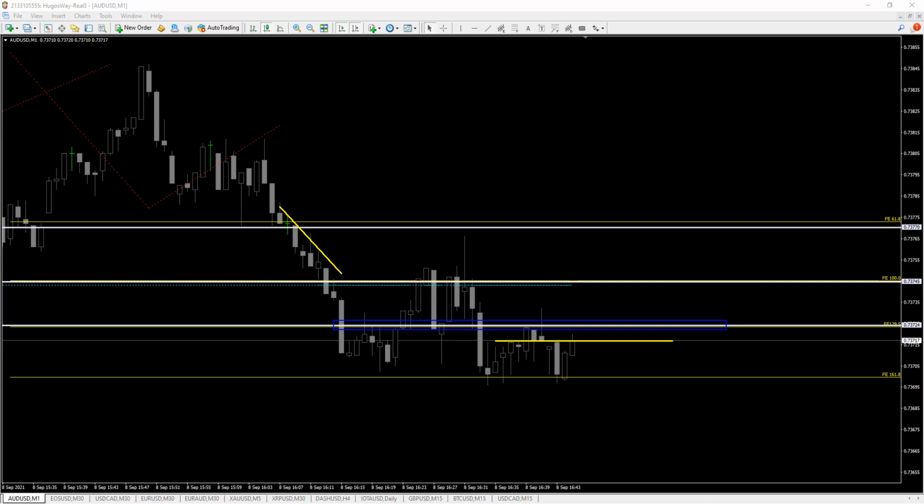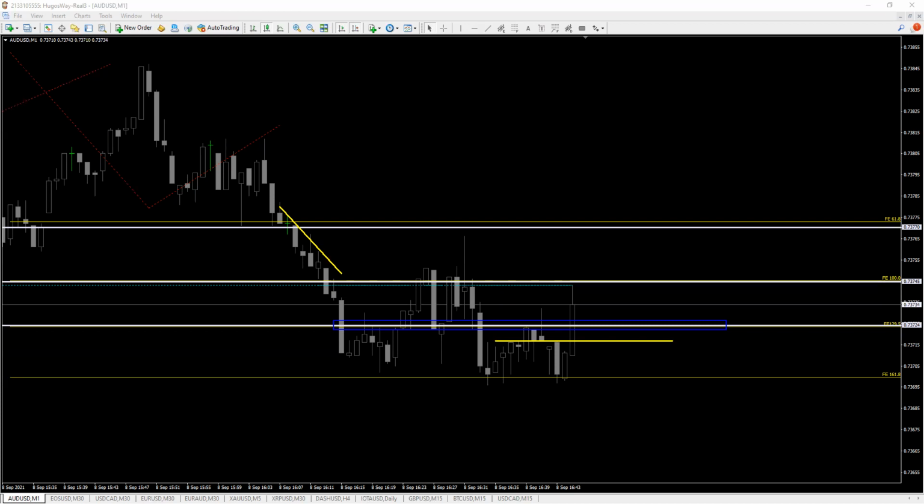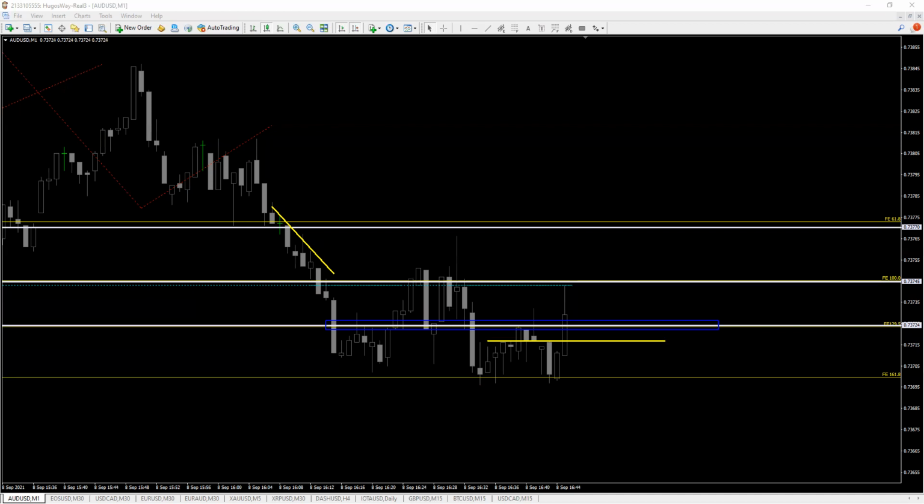MT4 is doing great. Have you ever heard of the alligator indicator? Yeah, it's got the little bars, the green and red. Yeah, the moving averages, green, red, and blue. This is one of my favorite indicators. It's so accurate. The only thing is it's late, because most trend indicators are sometimes late.